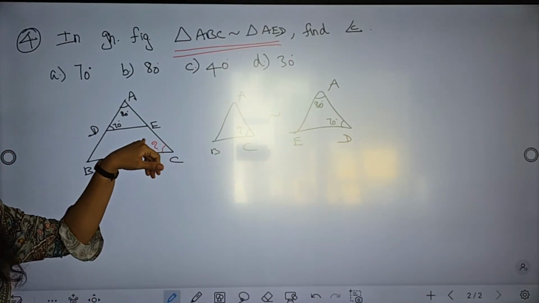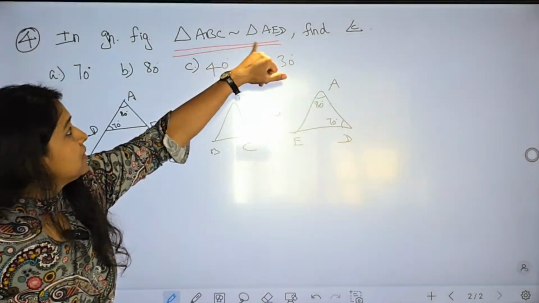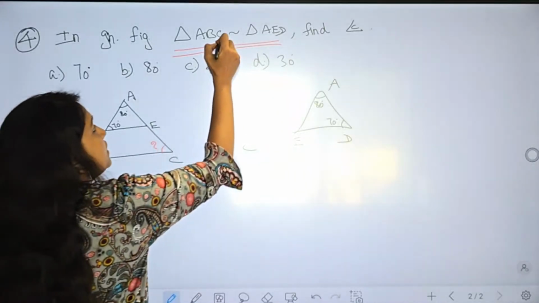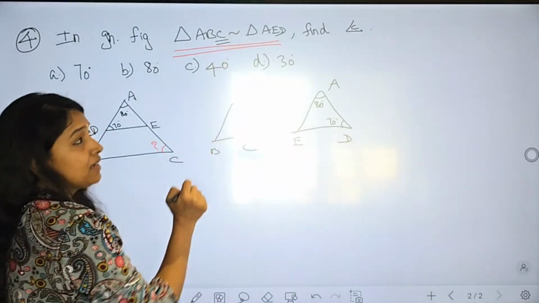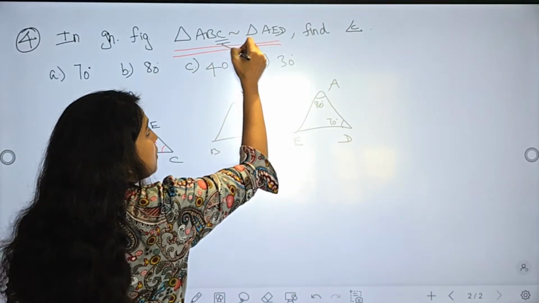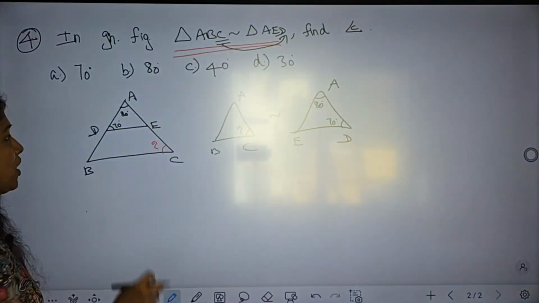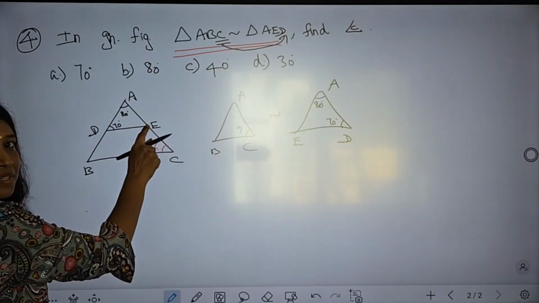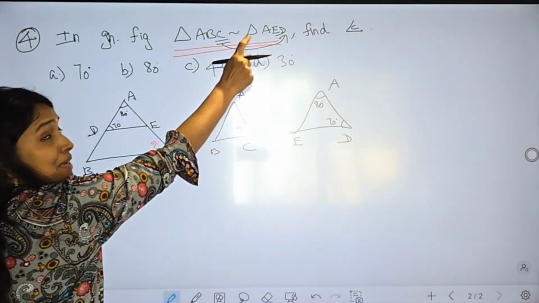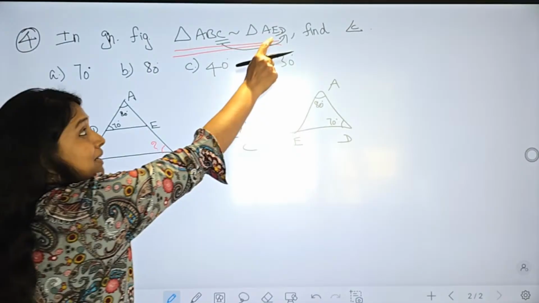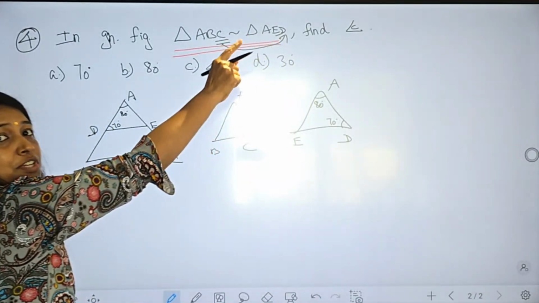So listen, it is given that we need to find the angle C, right? So angle C corresponding angle is angle D, not angle E, right? You should see the similarity symbol, similarity name. According to that, you need to match it.